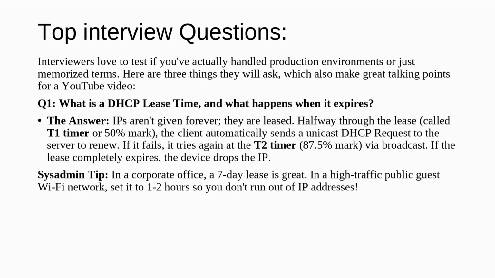Halfway through the lease, called the T1 timer or 50% mark, the client automatically sends a unicast DHCP Request to the server to renew it. If that fails, it tries again at timer T2, which is the 87.5% mark, by broadcast. If the lease completely expires, the device drops the IP.